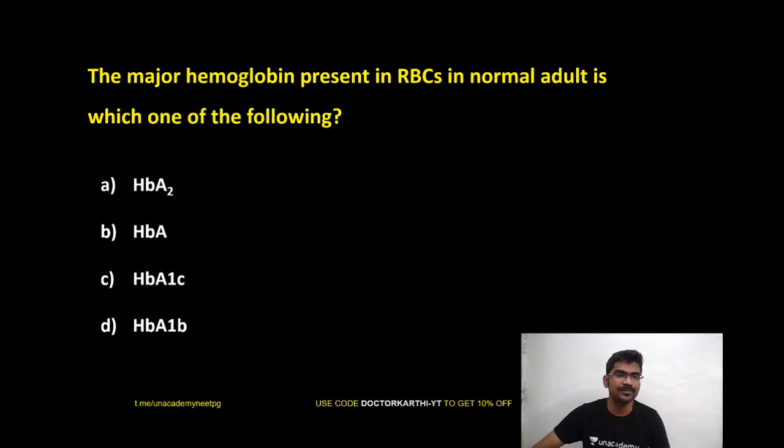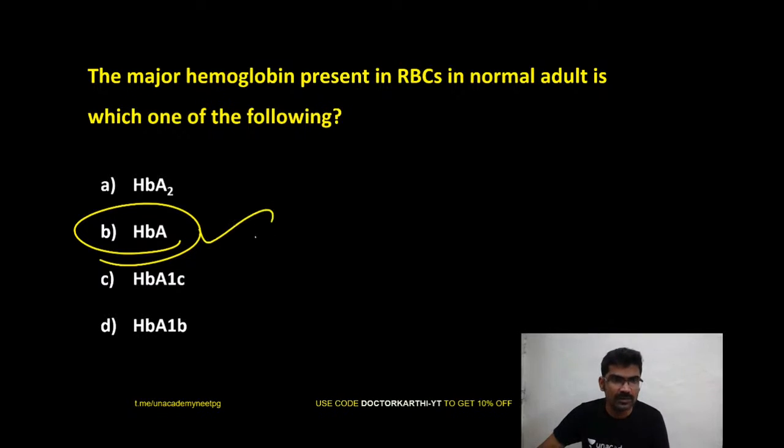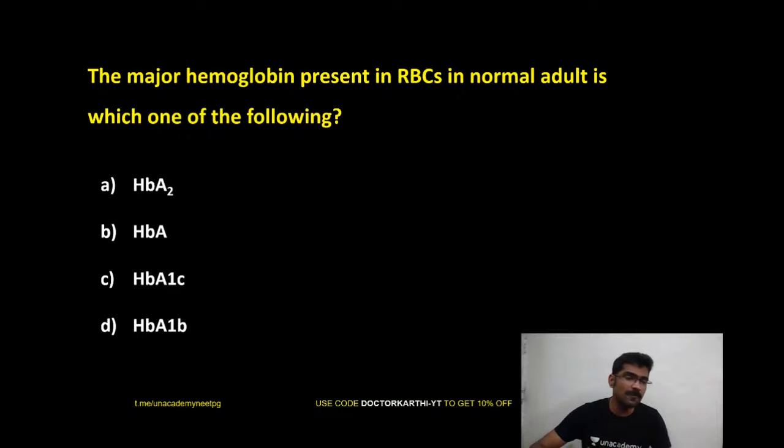Good, Aishwarya. So the most abundant one is HbA, adult hemoglobin, right? So this is obvious. So this A1 is nothing but both are same only. So HbA, we call them sometimes HbA1. Okay, Dr. Kagesh. So it's same only, right? So HbA sometimes we write as HbA1.